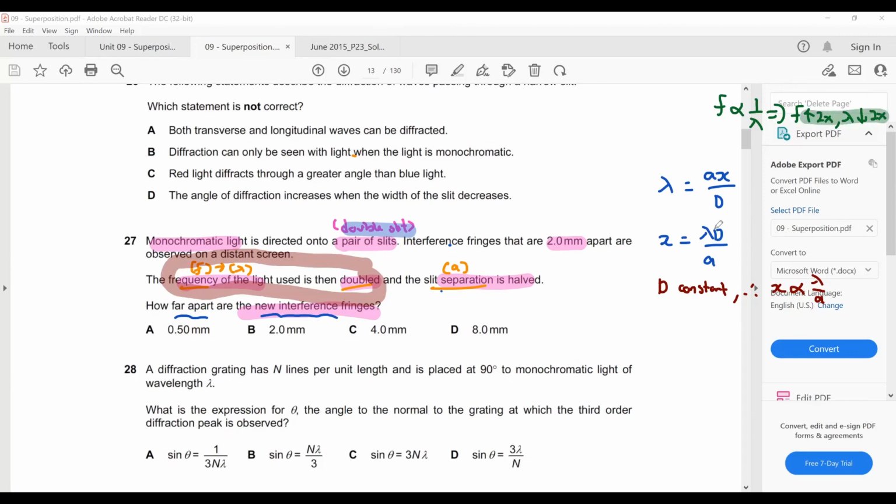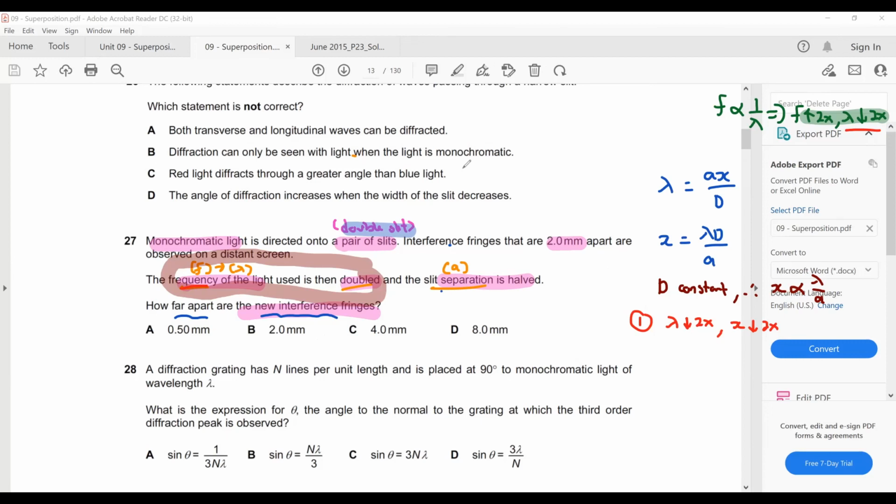Your wavelength will drop by 2 times. So applying what you've seen there, this is the first method. If I consider the changes in frequency, wavelength drops by 2 times, so X will drop 2 times. This is just talking about effects on lambda.